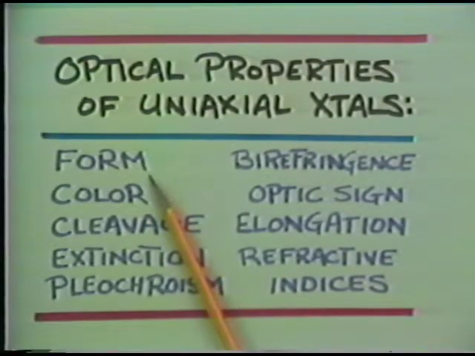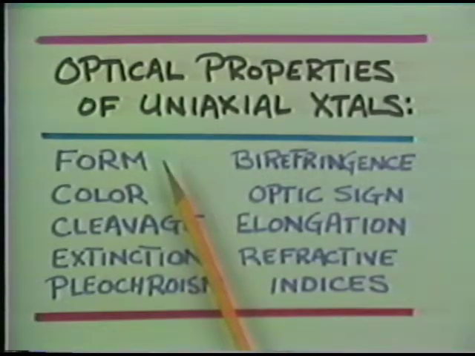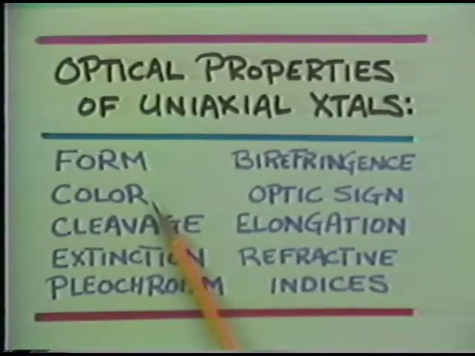The form is important, particularly the form within the different crystal classes, tetragonal and hexagonal classes, whether there is a rhombohedral kind of shape to the crystal. The color is important. Some minerals have a color which applies uniformly to them.